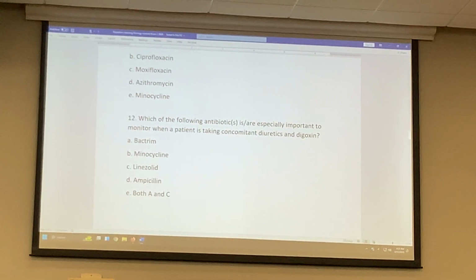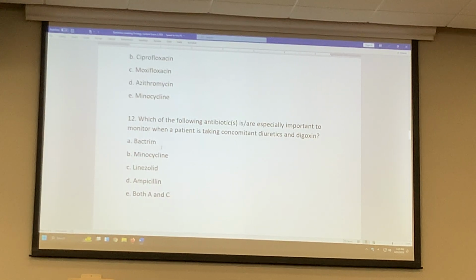So we have minocycline and Bactrim. Which one do you think is the right one? Bactrim, right? So why Bactrim? So let's go back and think about digoxin. What's one of the side effects of digoxin?